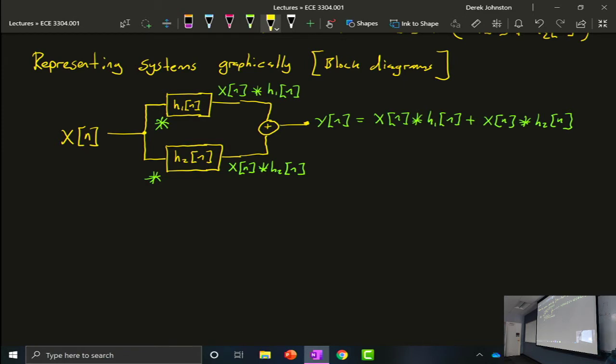Could you just put h1 of n plus h2 of n in the same box? You bet. So we could simplify this. Still got x of n, because we talked about that distributive property.